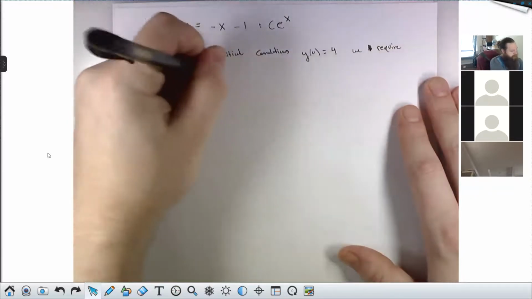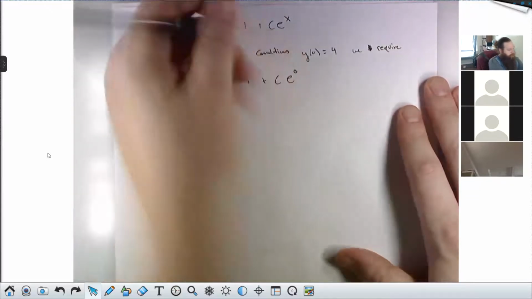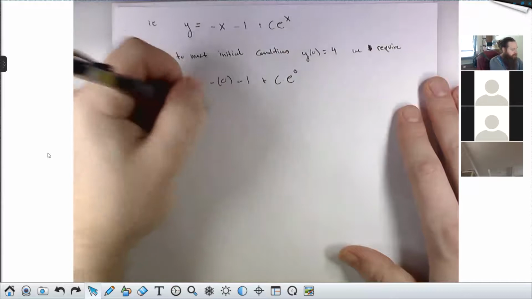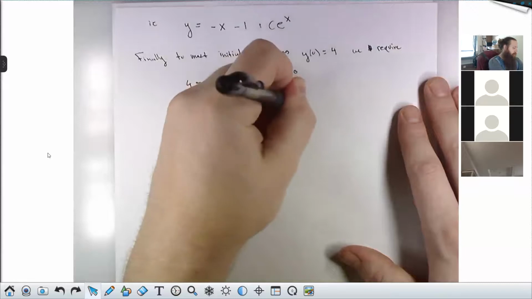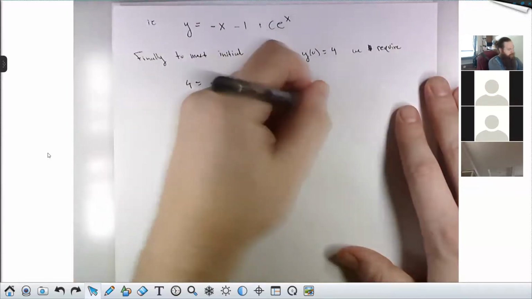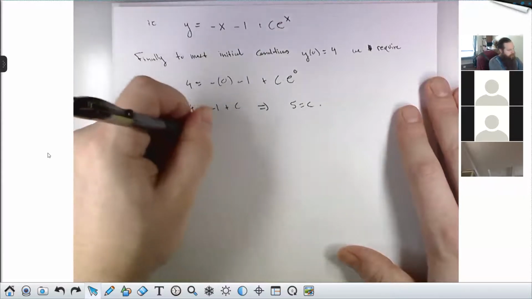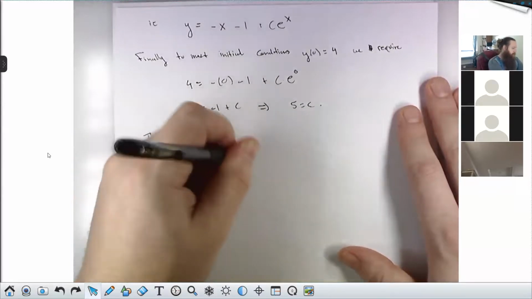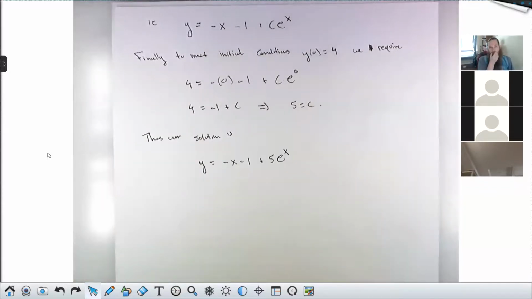So it'd be 0 minus 1 plus c times e to the 0. It's the same as saying 4 equals negative 1 plus c. So c is 5, and our solution is y equals negative x minus 1 plus 5 e to the x. Not so bad, right?